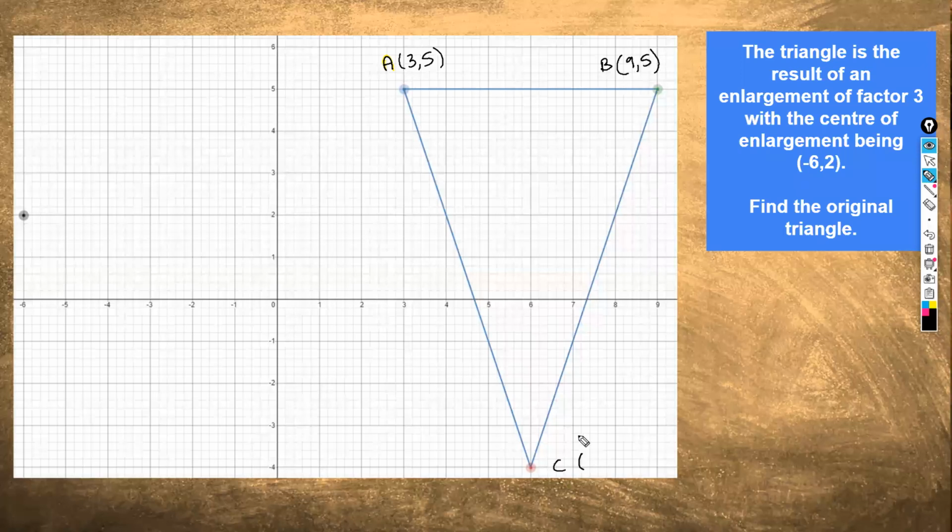And C looks like 6, minus 4. Draw that and have it ready when you're finished. For those of you who want to take a shot at the question, it is in blue. Feel free to try it.